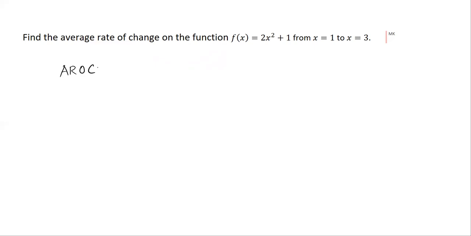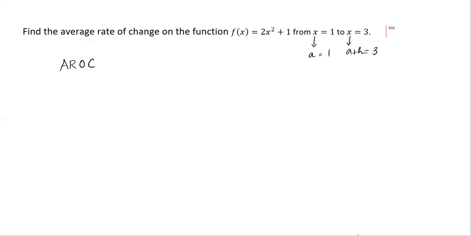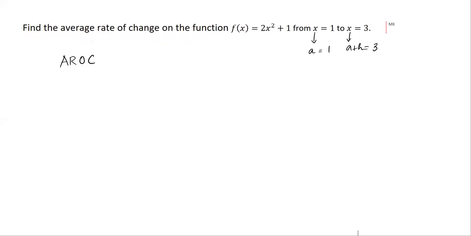In order to find that, we have x1, right? Or we could call this x1 or x as A, because we're using A and A plus h. I would like to use those letters so it's easy for us to make a comparison. A plus h is 3, right? So f of A, I write that here.